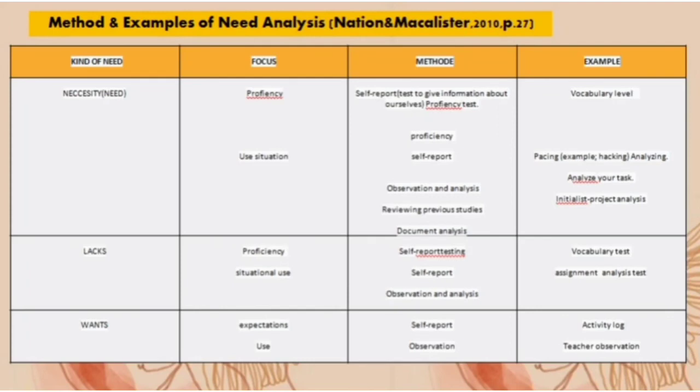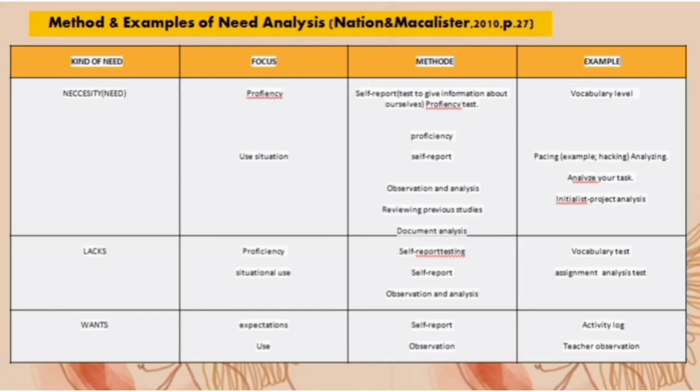Okay, I will explain the method and example of needs analysis by the chart above. The first kind of need: focus, method, and example. The first I want to explain is necessity, or need, in the focus proficiency, and the method is self-report, or test to give information about ourselves, or proficiency test.